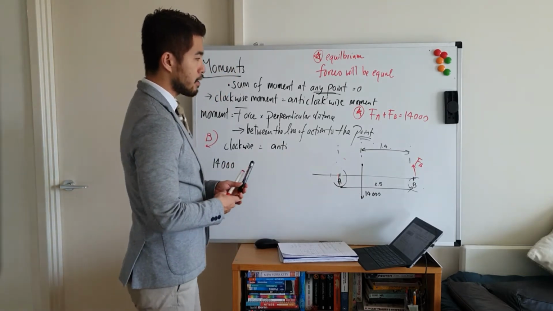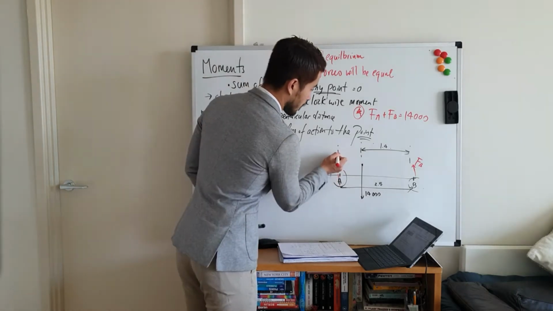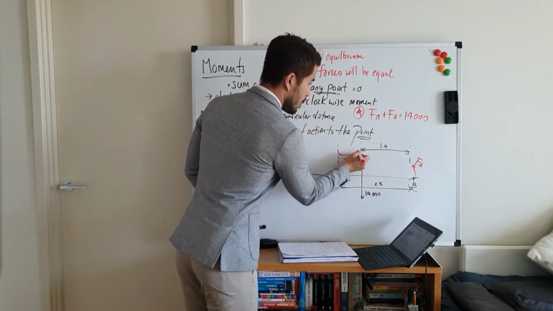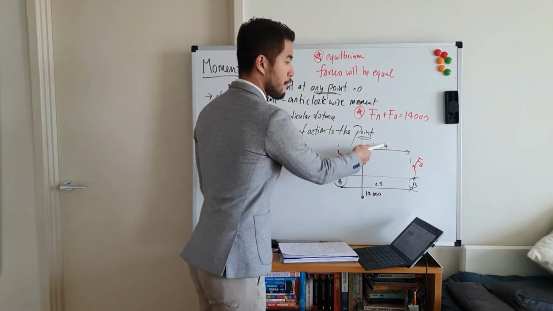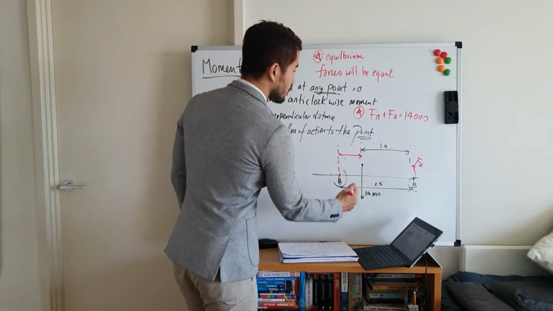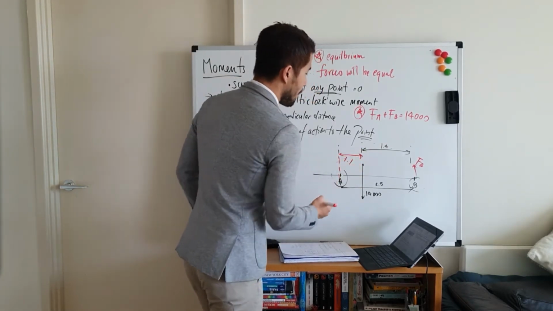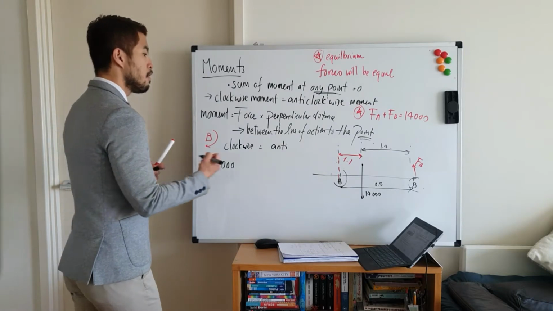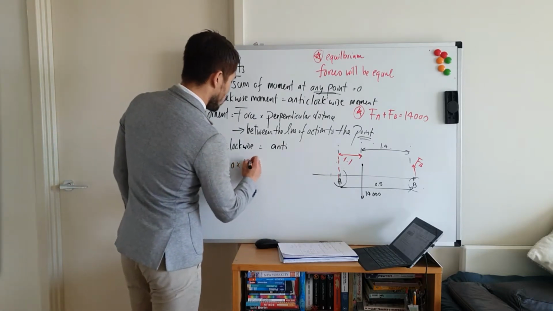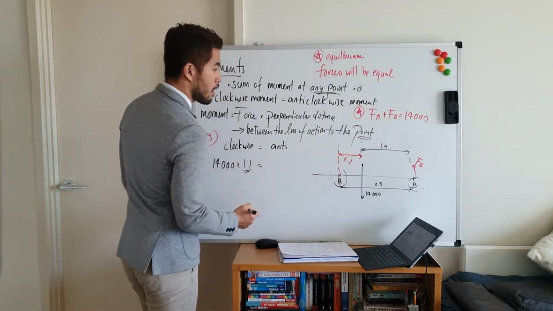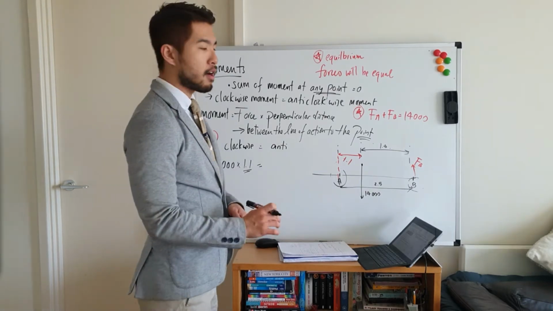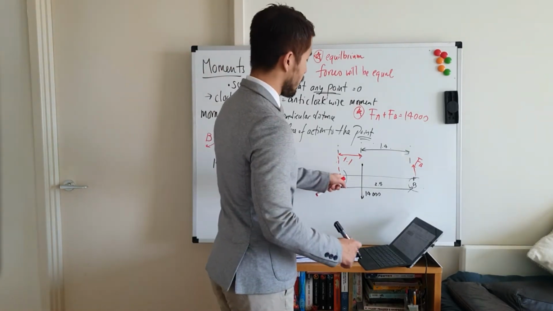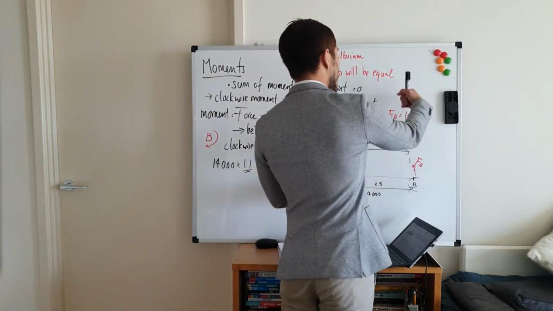Okay, I need the distance from here. The distance from here will be 2.5 minus 1.4. So that will be 1.1 times 1.1 equals, let's see if this is a clockwise or anti-clockwise moment. Stick our finger from here, pull up.